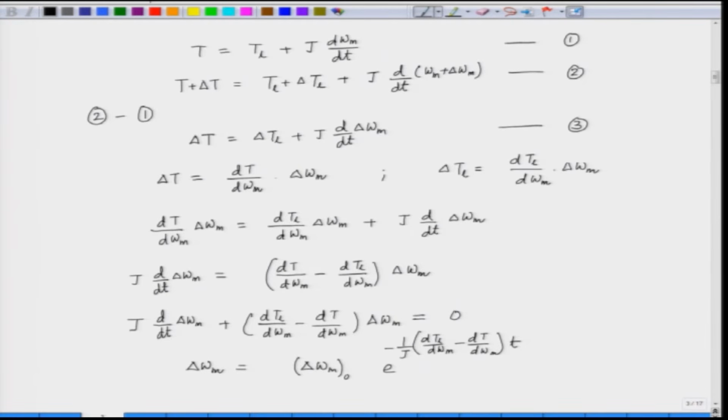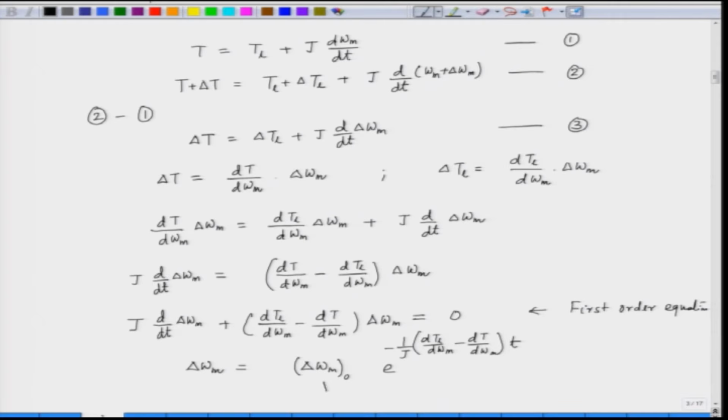Now, this is the solution of this first order equation. So, if we solve this equation, we get the solution of this particular form.